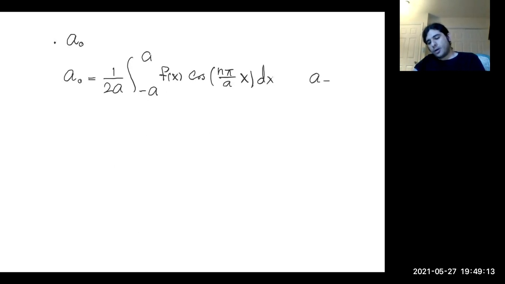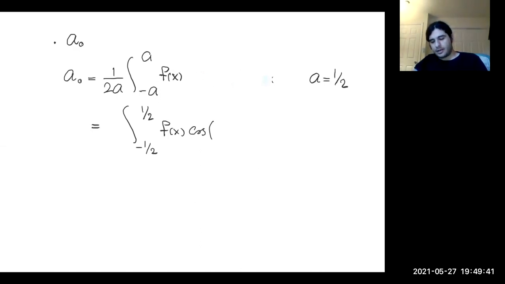Here a is 1 over 2, so it would be 1 over 1, which is just 1, integral from minus 1 over 2 to 1 over 2, f(x) cosine of n pi... sorry, we are computing a naught. I'm writing the formula for an. So there is no cosine, sorry. So we would have integral of f(x) dx.